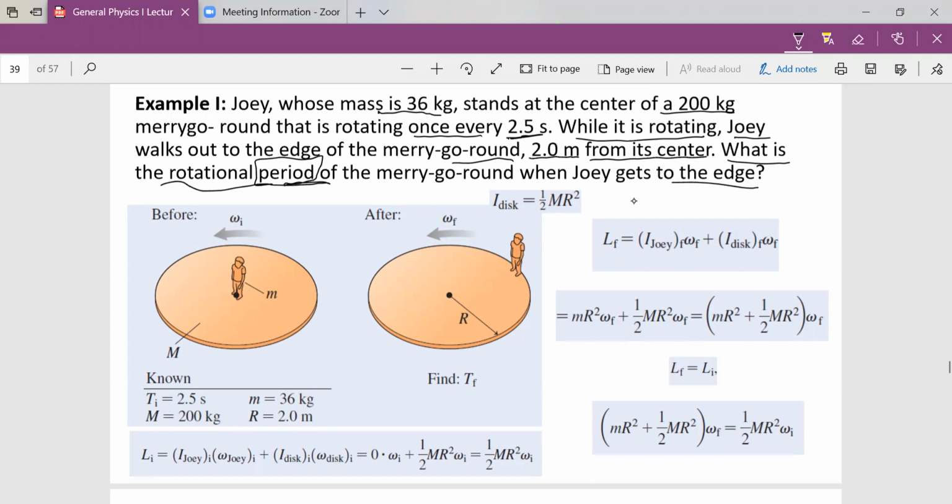Now, in chapter 7, we gave you a table and emphasized that different shapes have different equations for moment of inertia. For a disk, the moment of inertia is I equals half mass times radius squared. You know that the formula for moment of inertia ordinarily is this.